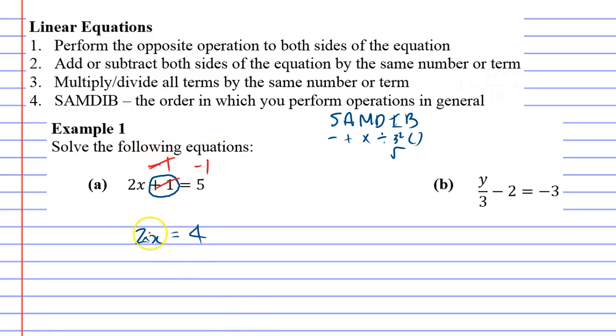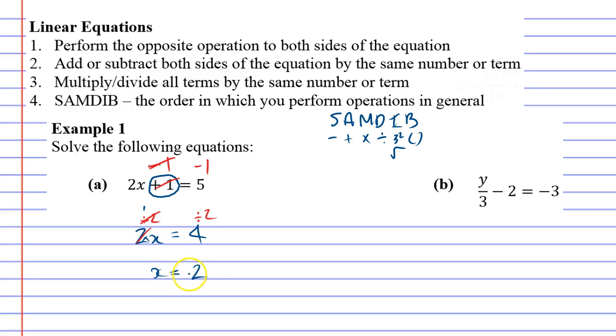What is the opposite of timesing by 2? Dividing by 2, which will cancel out the multiplication of 2. Because I got rid of the 2, I've got x left over, and 4 divided by 2 is 2. And I've now solved my equation.